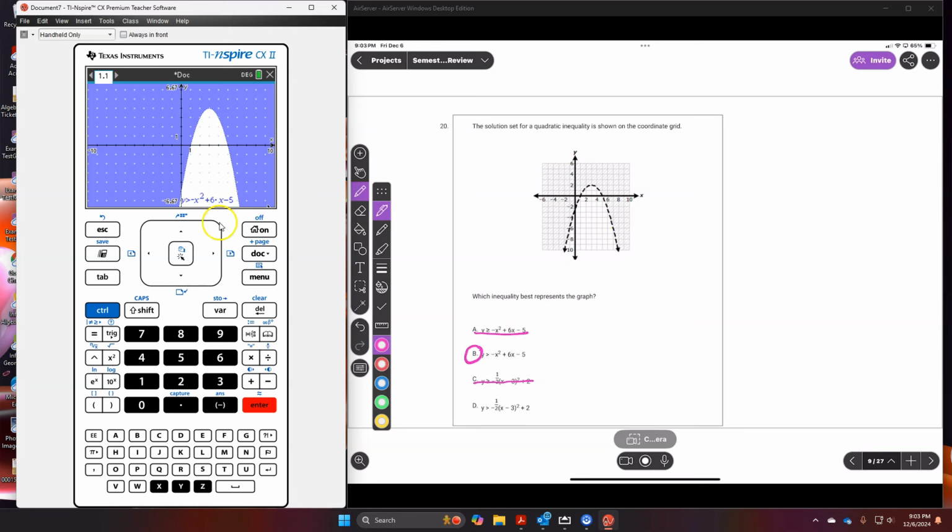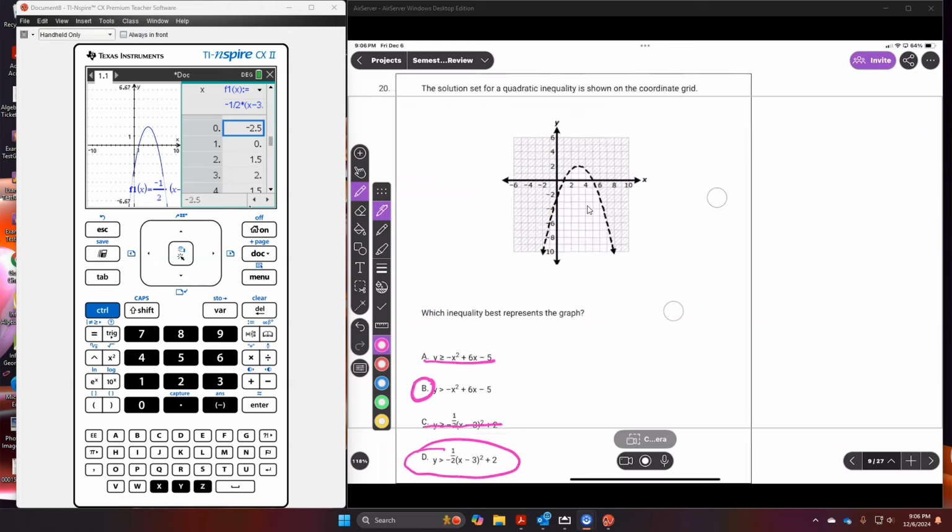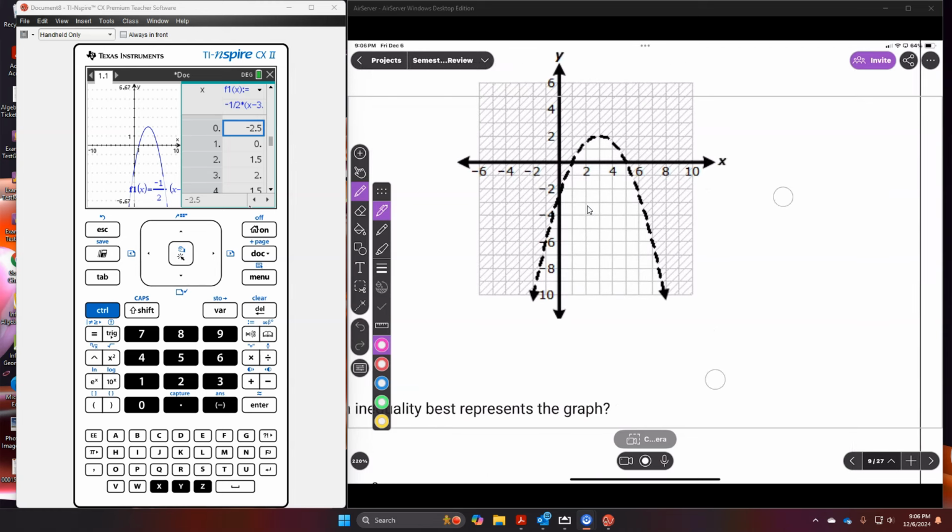Now, if you want to check the other one, you can. So I have -1/2 parentheses x minus 3 squared plus, these are close. I thought the answer would be B, but I think the answer is D. What I did is I went ahead and graphed this equation, and I'm going to match it up with this graph, so I'm going to zoom in here.